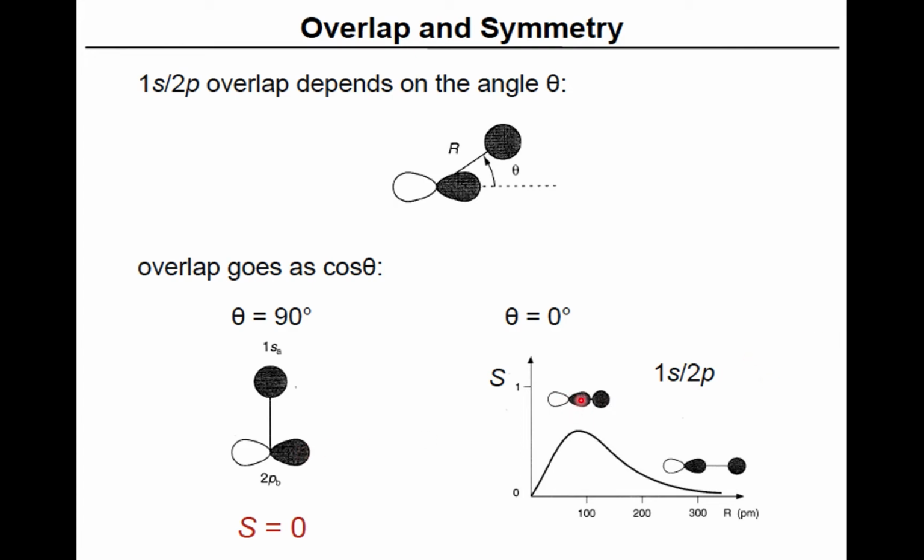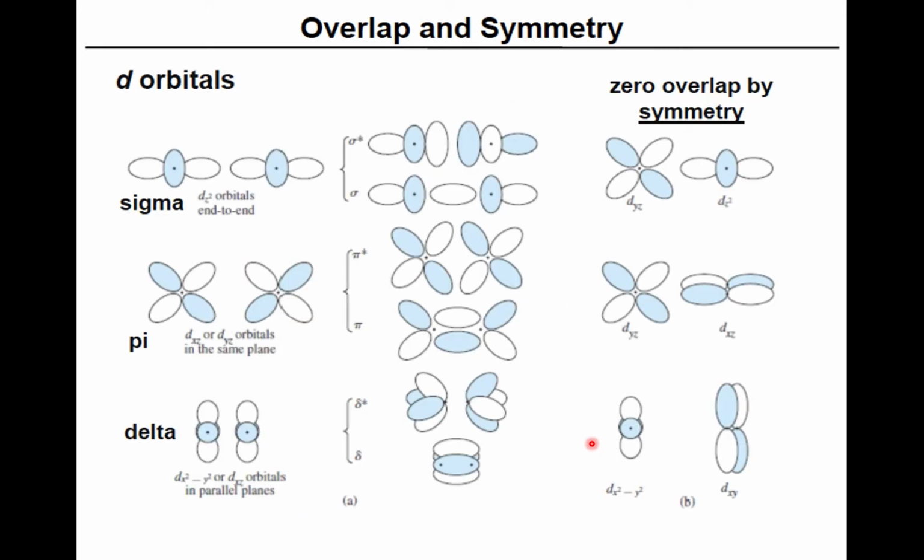Over here, this is just to show you we have the same distance relationship if we have this interaction and we start to pull the two atoms apart. As we pull the atoms apart, the overlap decreases.